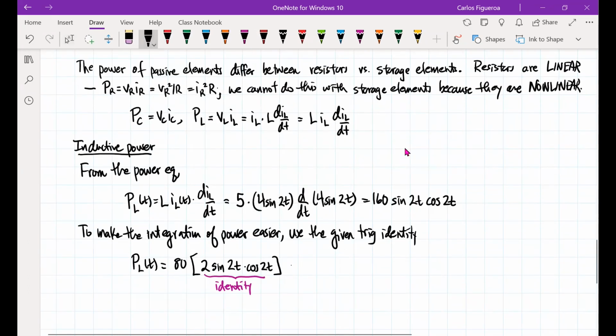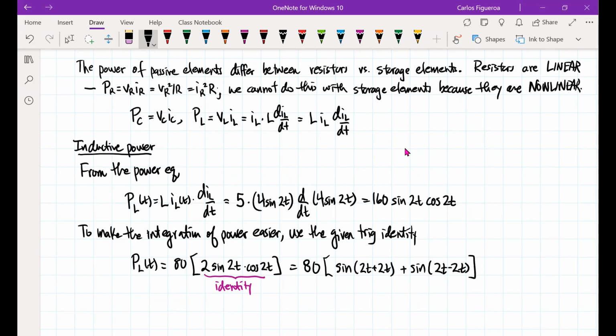So this gives me 80 times the sine where I add them plus the sine where I subtract them. And clearly this one is 0, since sine of 0 is 0.